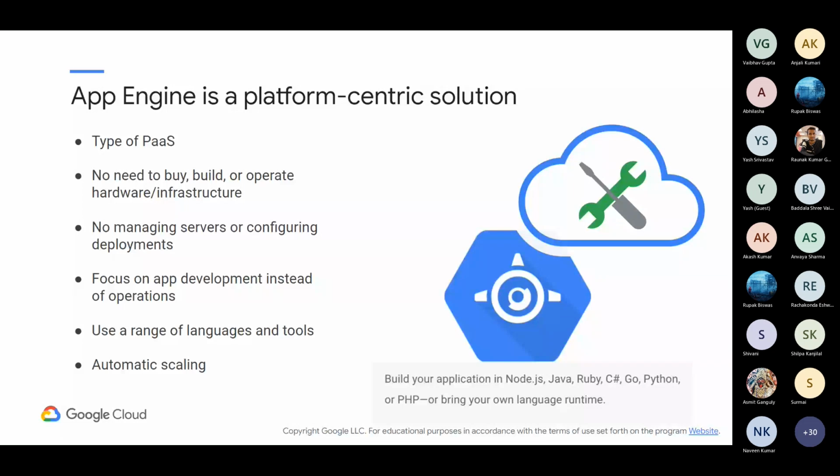App Engine will automatically host your system for you. And these are some application languages that App Engine supports: Node.js, Java, Ruby, C Sharp. Also, you can bring your own language runtime. In that case, you have to tell them how to install your own language.